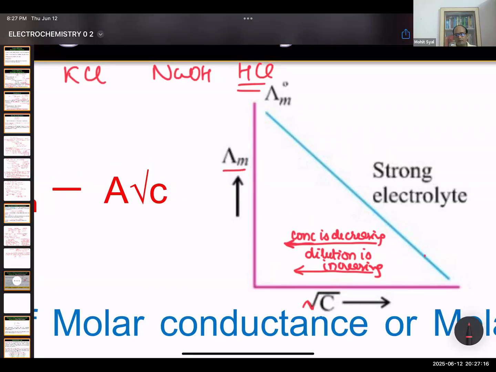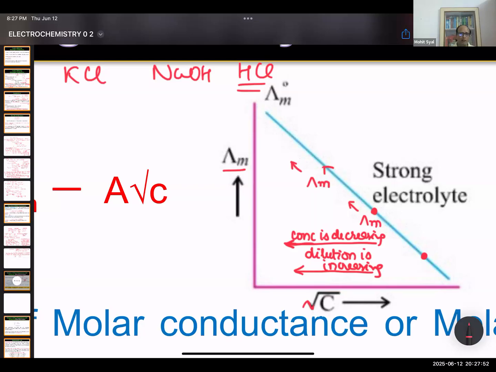So this is the molar conductance. As you are putting more and more water, concentration is lowering, volume is increasing, and you can see the molar conductance is increasing. It is becoming higher and higher. Can you understand the graph?